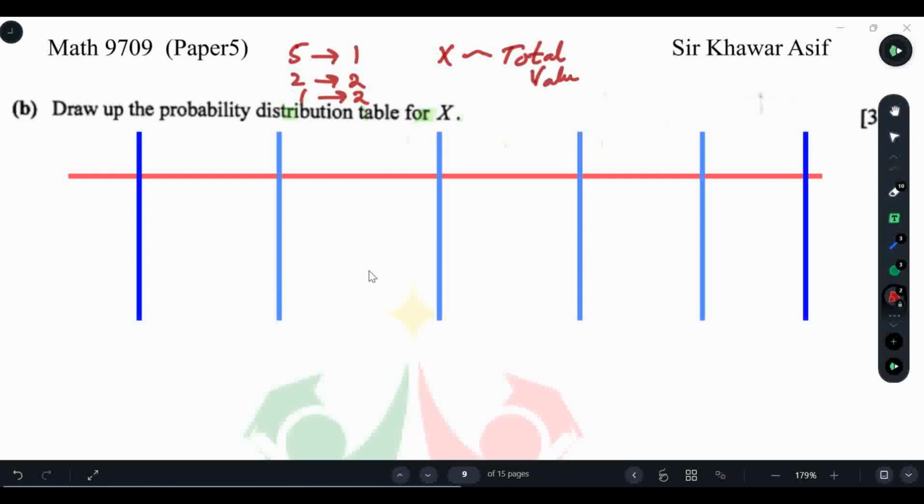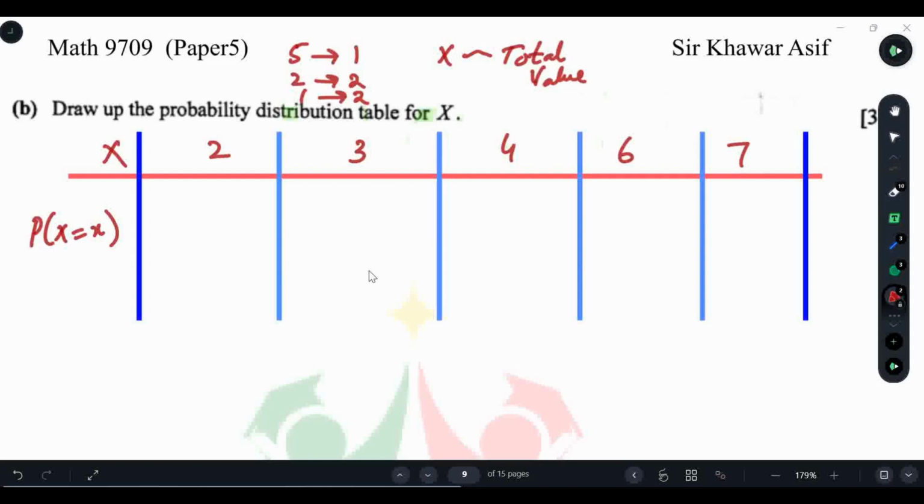Here X is equal to 2, 3, 4, and then 6 and 7. We have skipped 5 because we have to select 2 coins, and it is not possible to get a total value of $5.